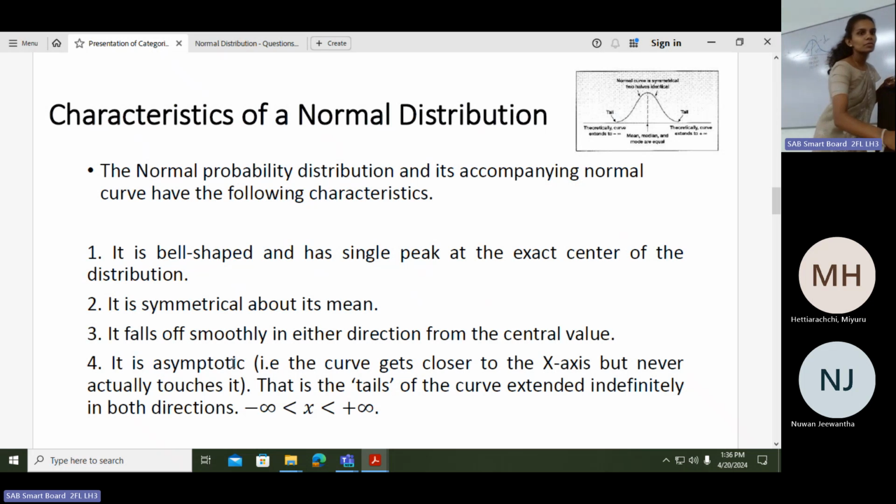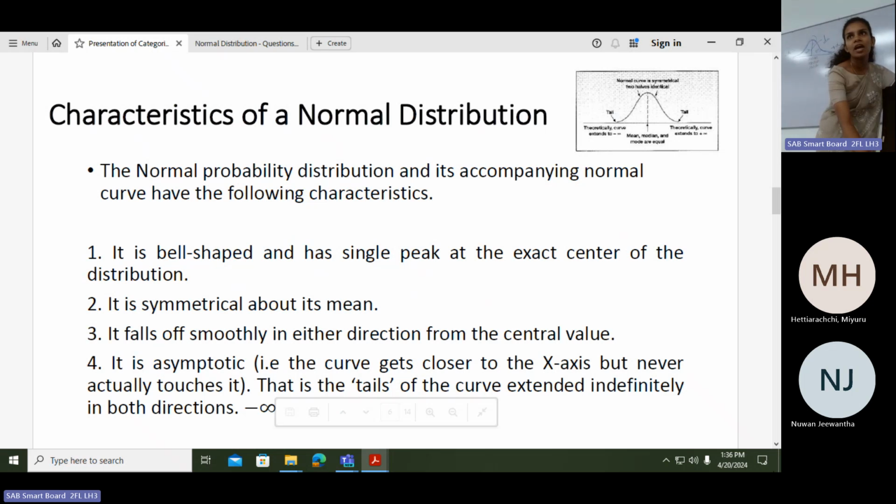And this one shows all the things. Here it says the normal curve is a symmetrical one. These points we call the tail. The middle point represents the mean, median, mode.